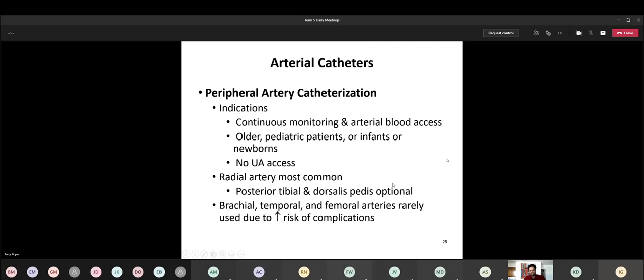The other slide was warning you to not even think about using the brachial artery or the femoral artery. This is saying that this is going to have to be a decision made by the neonatologist. If they really are desperate to get access, then they would have to weigh the risks and then take that risk and insert one of these catheters in, say, the brachial or the femoral.